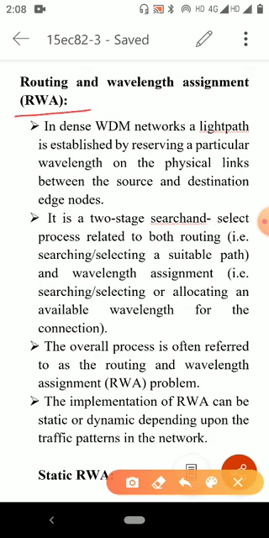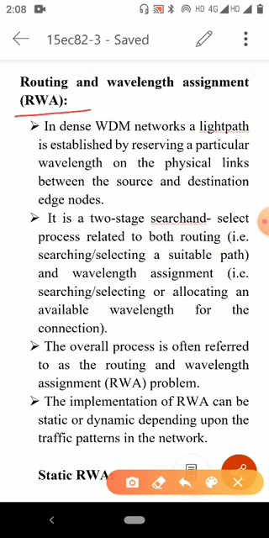In wavelength division multiplexing networks, a light path is established by reserving a particular wavelength on the physical links between the source and destination edge nodes. Since light paths are the basic building block of this network architecture, their effective establishment is crucial.